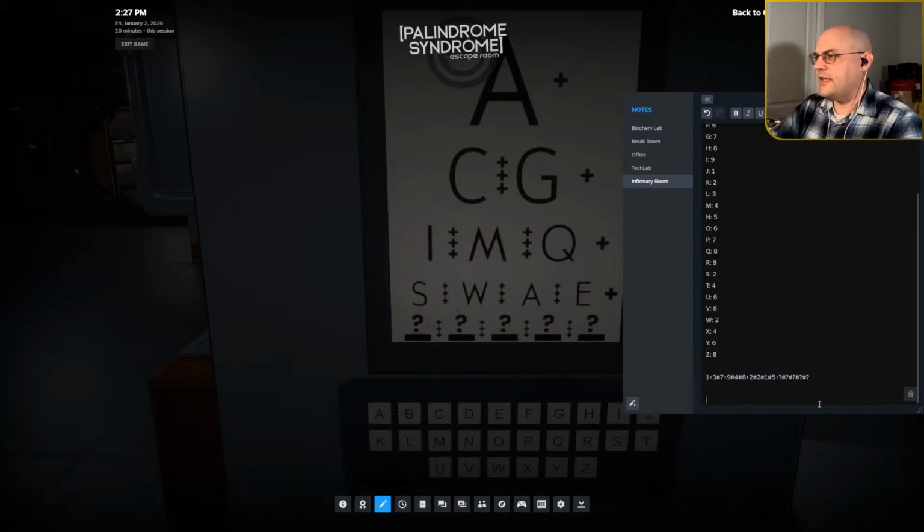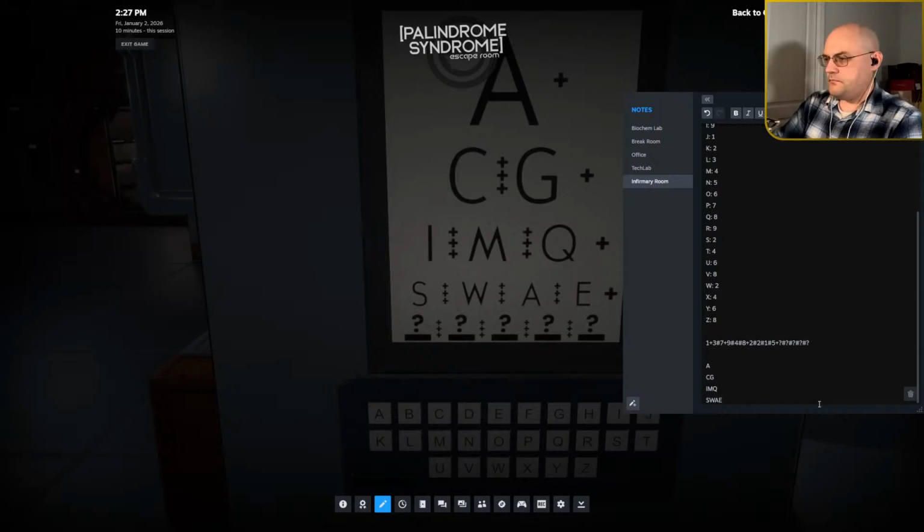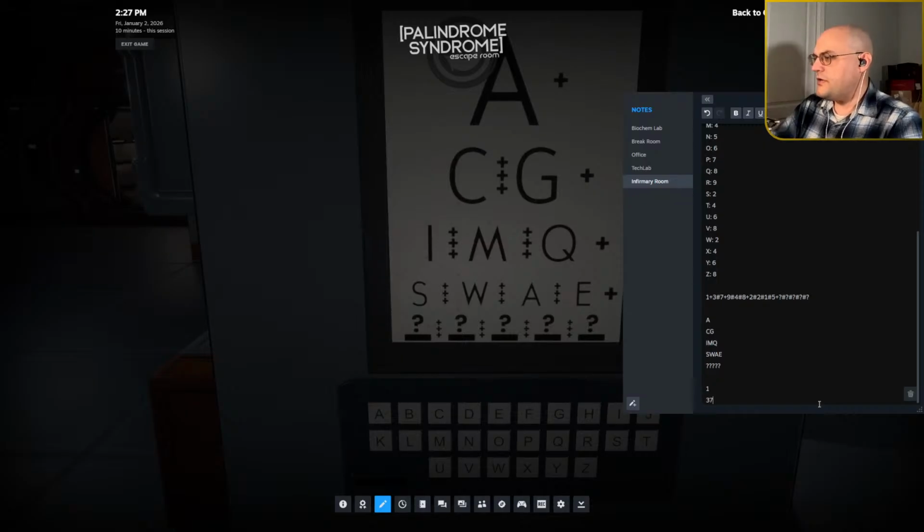Okay, let's try laying these out the way they're laid out there. So we have A, C, G, I, M, Q, S, W, A, E, 5 unknowns. Now, if I translate those using our code, we have 1, 3, 7, 9, 4, 8, 2, 2, 1, 5. Okay.